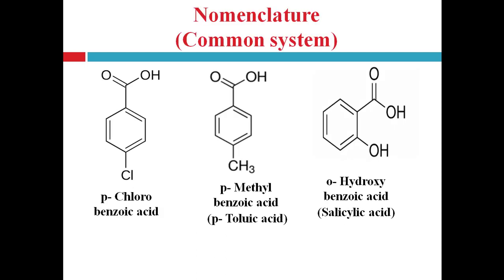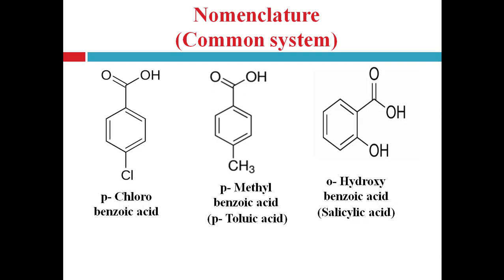Next, nomenclature of aromatic acids. Nomenclature can be given by two systems, the common name system and IUPAC nomenclature. So first let's see the common system. According to this system, the aromatic acids are generally known as derivatives of benzoic acid.